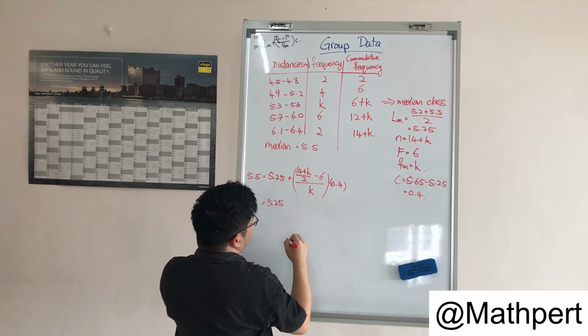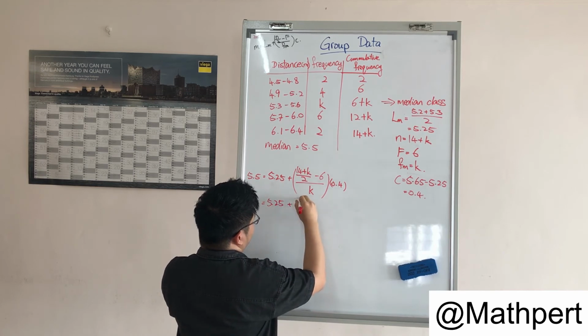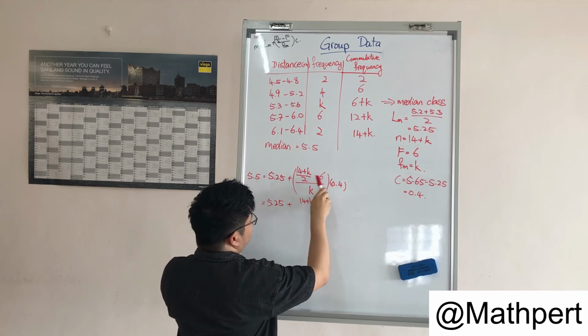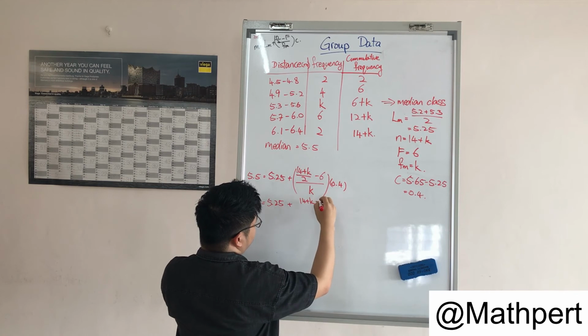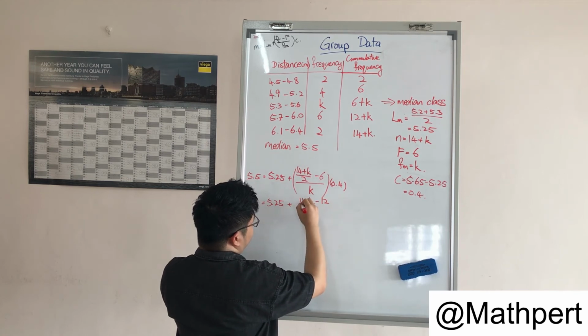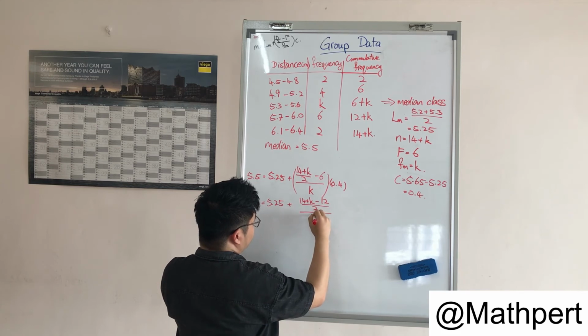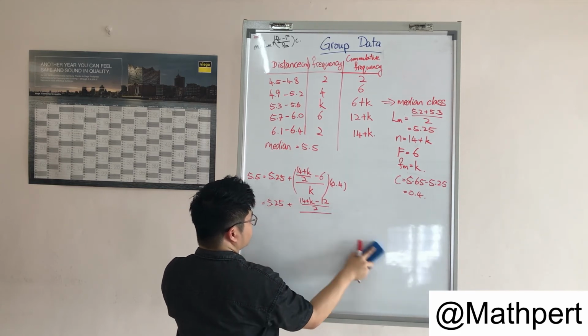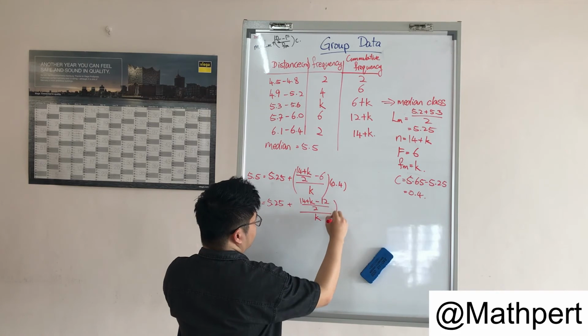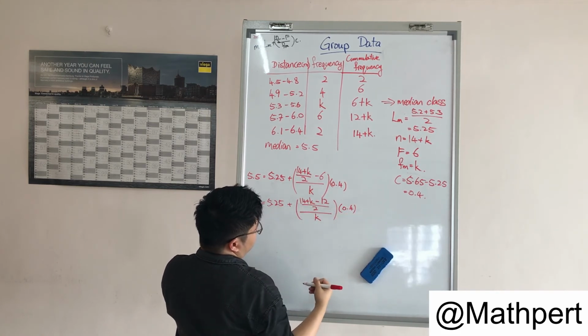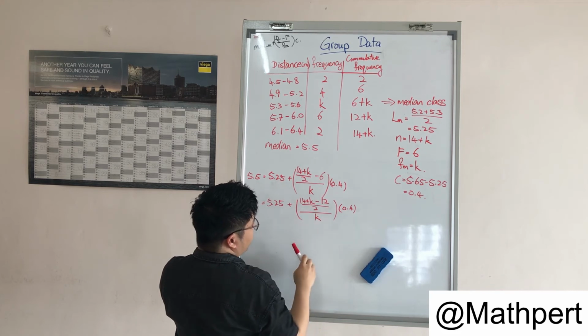Okay, so we get 5.25, then plus 14 plus K minus 2 multiply 6, so that we get common denominator, 12 over 2, over K. Then multiply 0.4. 14 minus 12 we get 2.